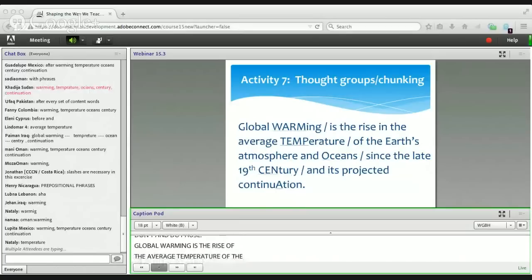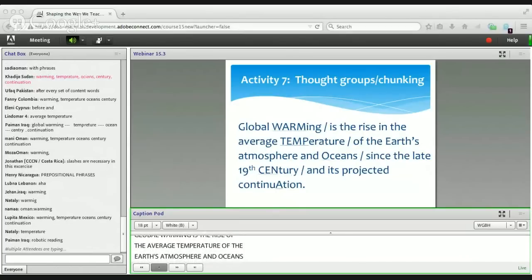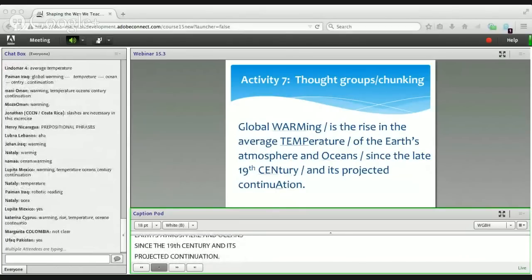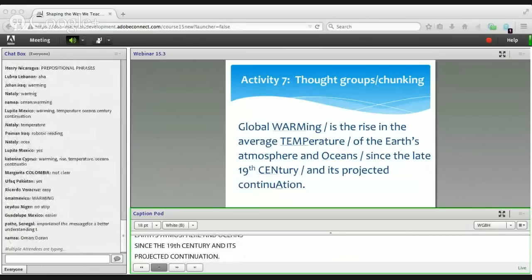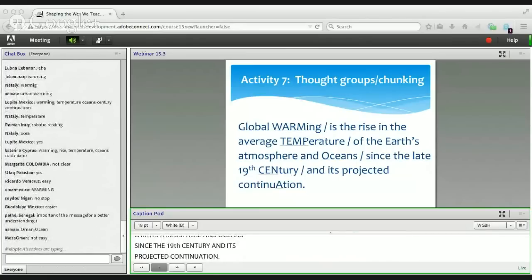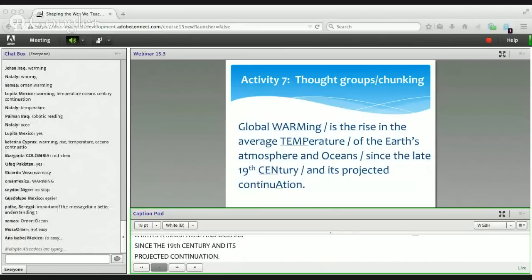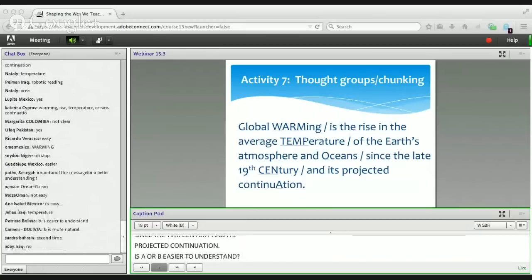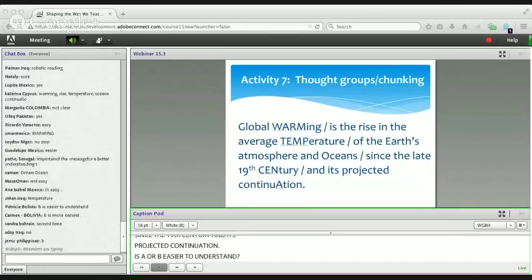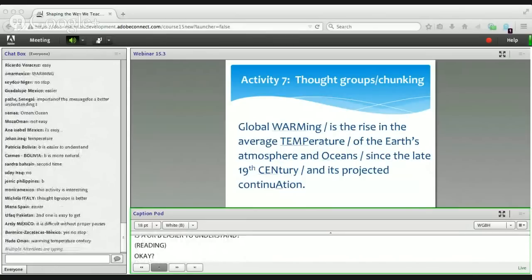Is that easier to understand, or is B easier to understand? Global warming is the rise in average temperature of the Earth's atmosphere and oceans since the late 19th century and its projected continuation.